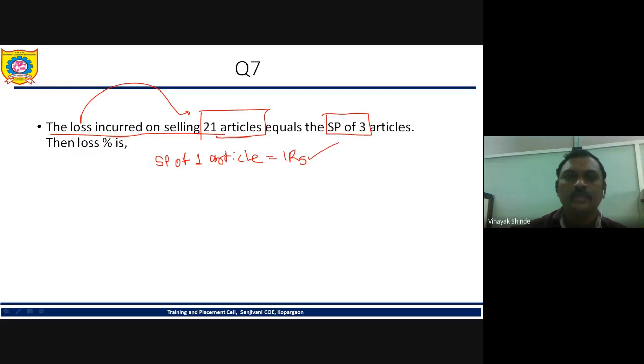Fine. Now what is given? Given is the loss incurred on selling 21 articles. So how many articles are sold? 21 articles. Loss on 21 articles, here I can write, is equal to the selling price of 3 articles.